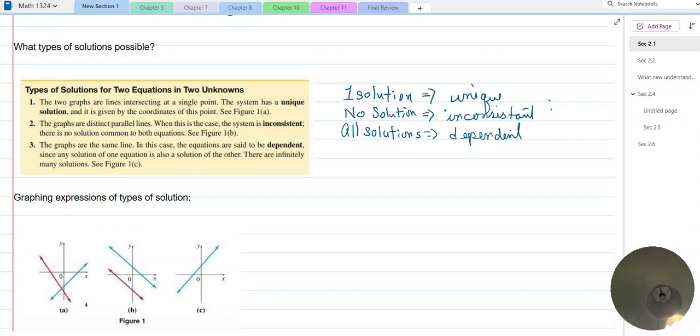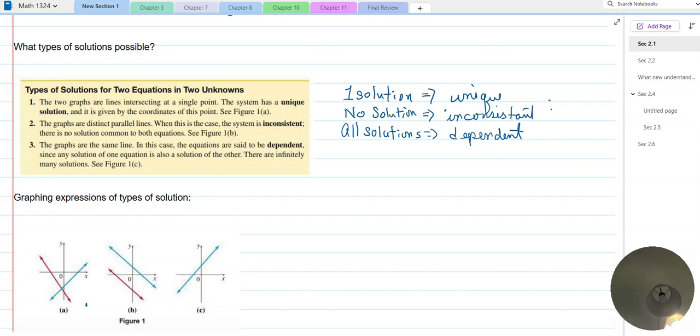These three categories are specific for systems of equations because in each case, if we get a unique solution, we might have one variable, two variables, three variables, but it's only one unique that fits all of the linear equations listed.